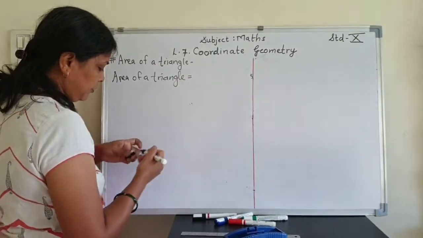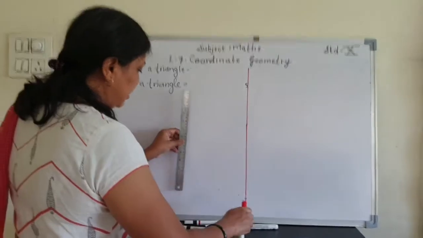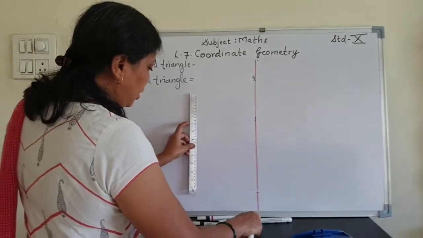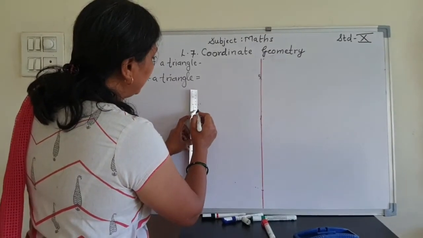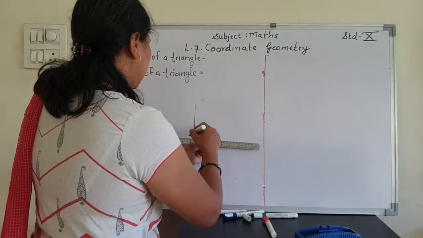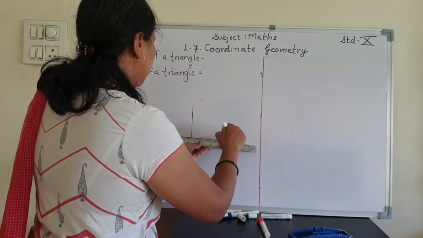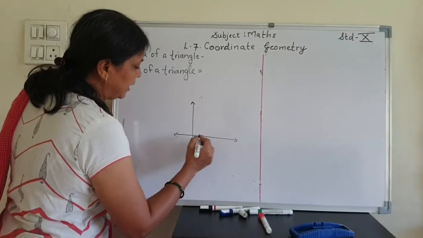So here, first of all, see the presentation and then try to understand. I am not giving you the full derivation of how we get the area of a triangle, but simply here, this is the coordinate plane.